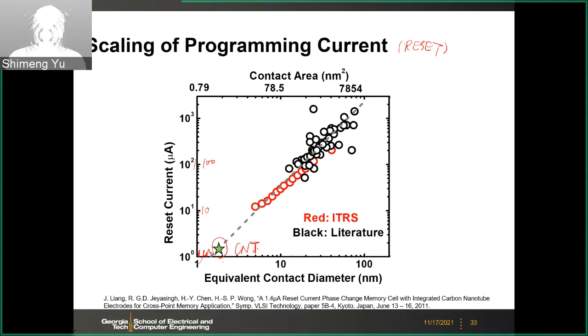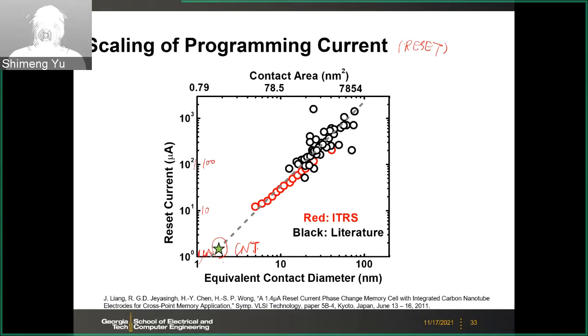Even for, as I discussed, the 7 nanometer process, 5 nanometer process, there's nothing on the chip that is 5 nanometer or 7 nanometer. Still, the smallest feature size on the chip is more than 10 nanometer, maybe 14 or 15 nanometer.